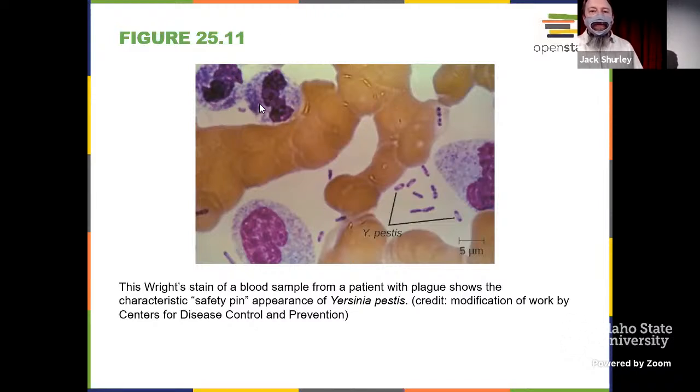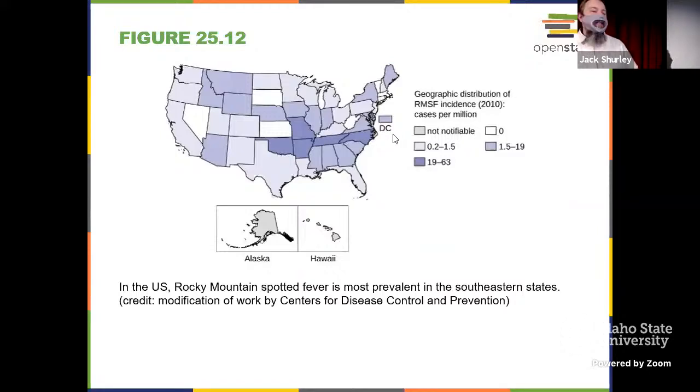Possibly a basophil, but that seems kind of unlikely. So that matters not. What we want to look at are the bacteria, the little bipolar staining, safety pin sort of appearance with these guys. And it definitely sticks out as an oddity.